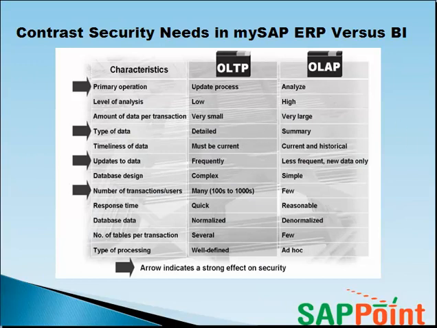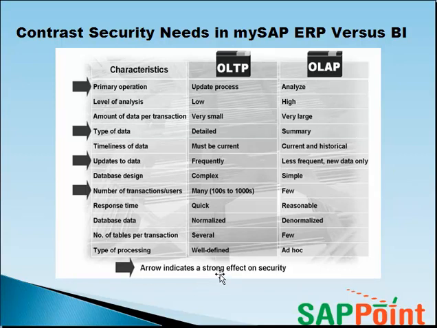This is the table that we saw in the BW session also, which compares the features of the OLTP system, that is the ECC system or R3 system, and the BI system.